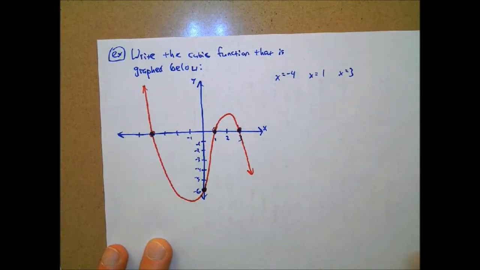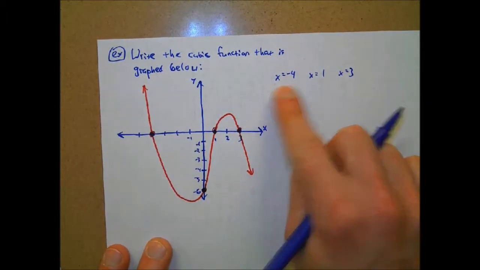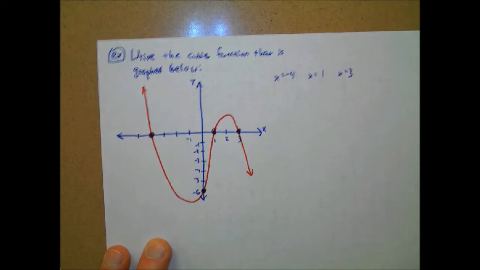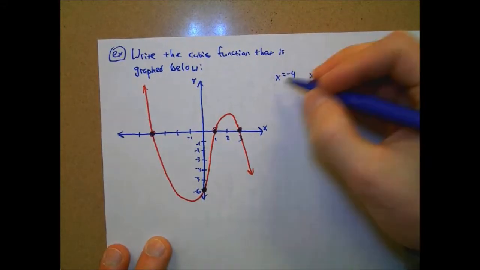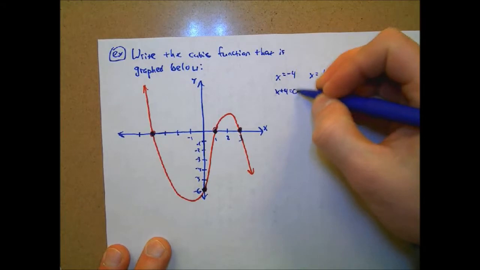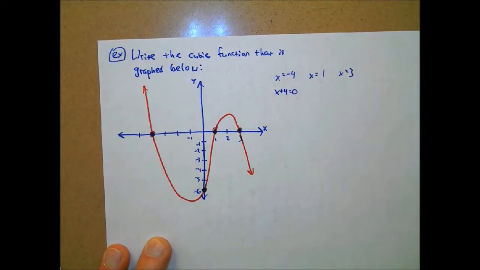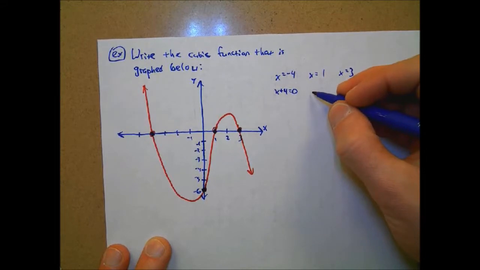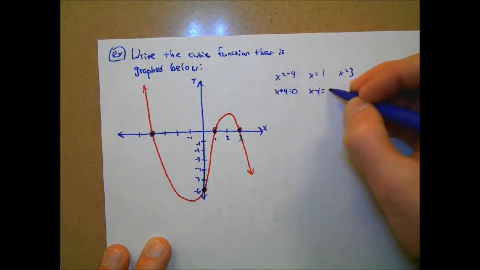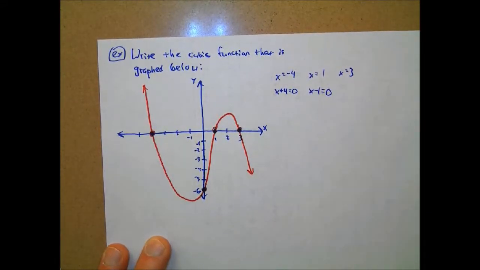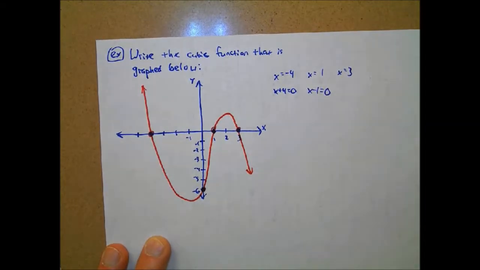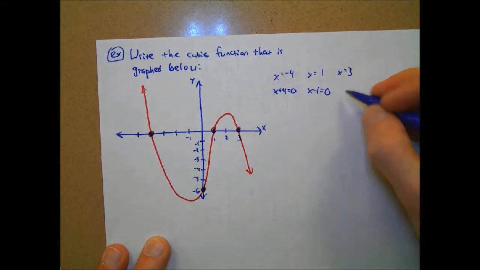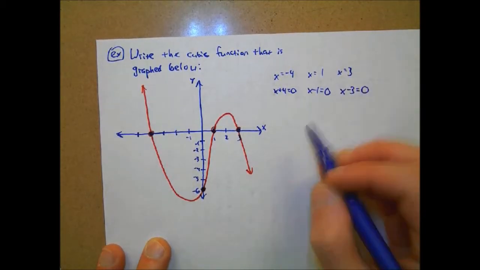If x equals negative 4, what factor would give us that? x plus 4. If x equals 1 is a zero, what factor? x minus 1. And if 3 was a zero, what factor? x minus 3. Aha! 1, 2, 3 factors.